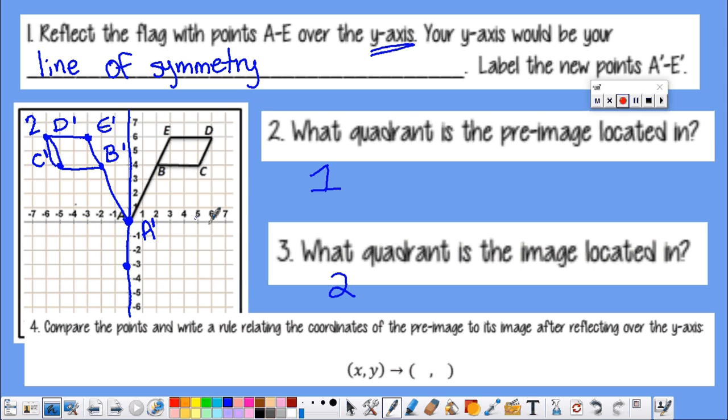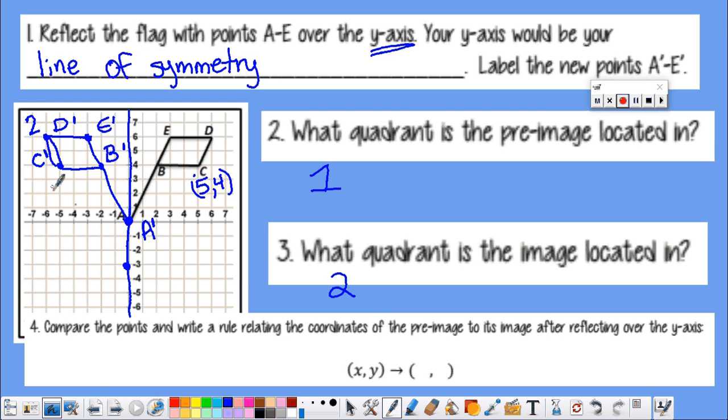Very good. All right, so then we're going to draw our flagpole. And as you can see, now my lines, again, are not straight, but you can see that overall the image is a mirror image if we fold along the line of symmetry. All right, now let's compare our points and write our rule. I'm going to pick C. And C is 5, 4.